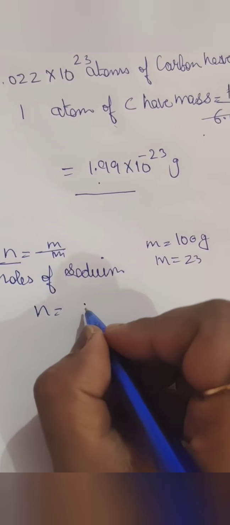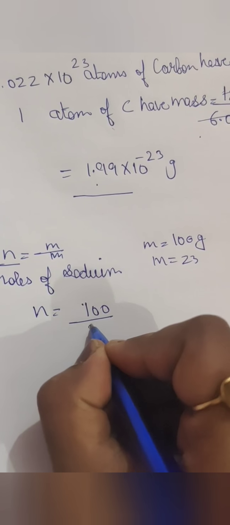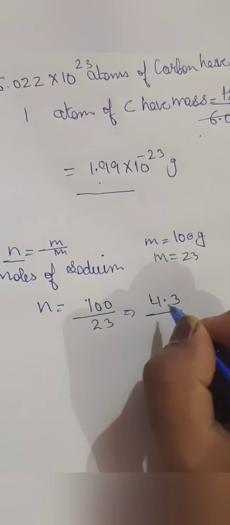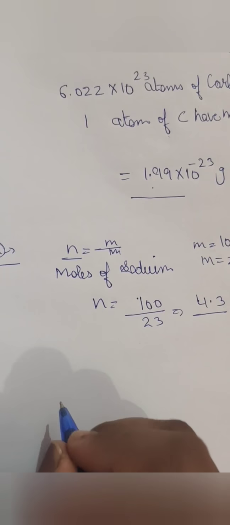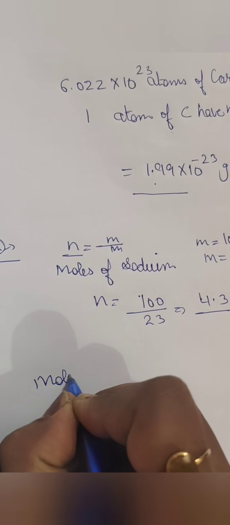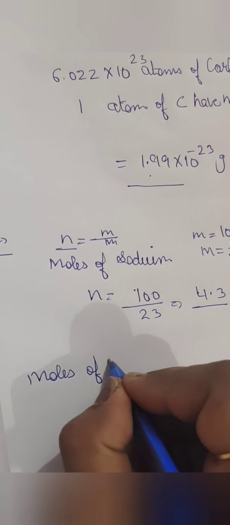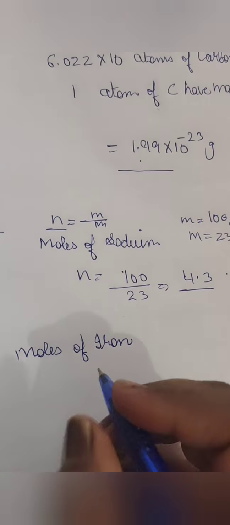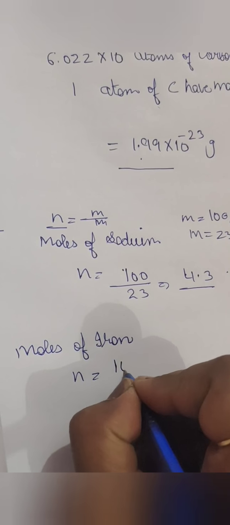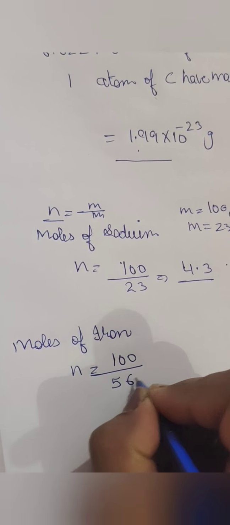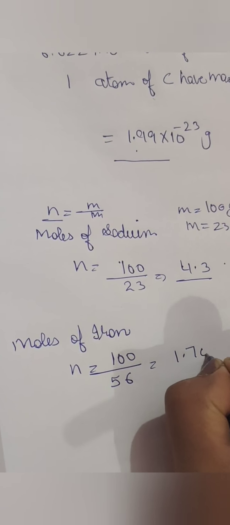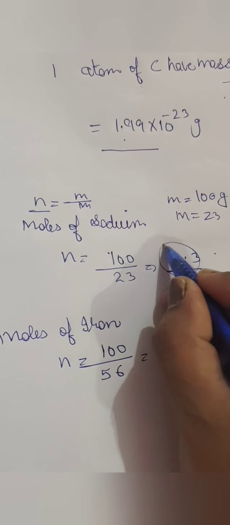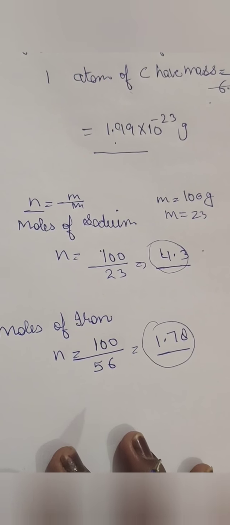So it will be 100 upon 23, which is 4.3 for sodium. And for the moles of iron, again the weight is 100 and M is 56, so it will be 1.78. So we can easily see that the number of moles here is 4.3, and here it's 1.78.